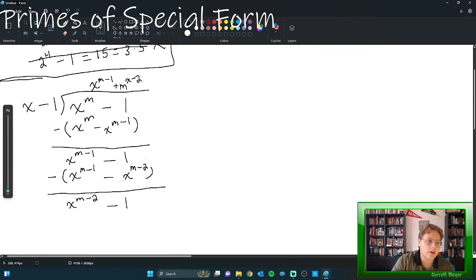And I don't know if you're starting to see this, but there is starting to be a pattern. Each time after you do this difference, the exponent goes down by 1, and you're just constantly adding on one term smaller.